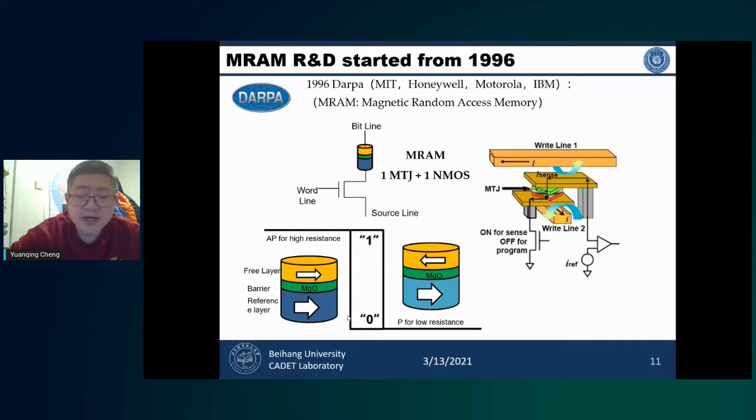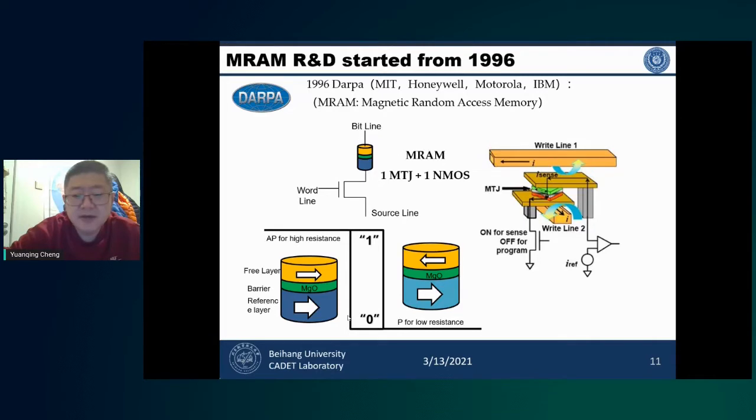To avoid this kind of problem and to further improve the scalability of magnetic RAM, the current-induced spintronic RAM was introduced. It is called STT-MRAM, and STT-MRAM is switched with injected currents instead of a magnetic field.